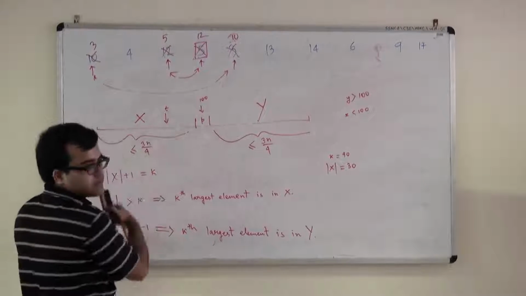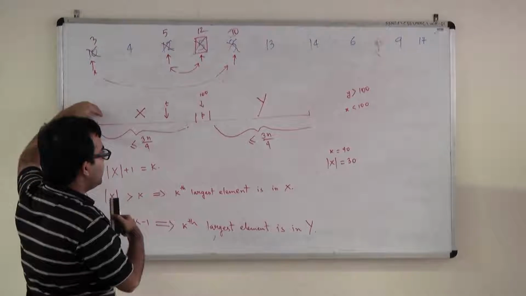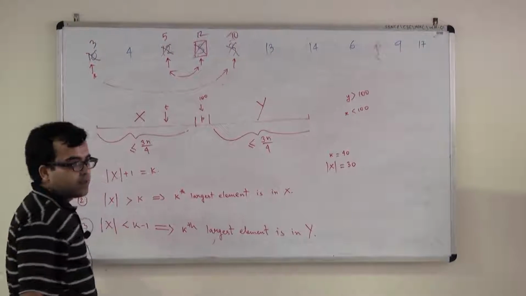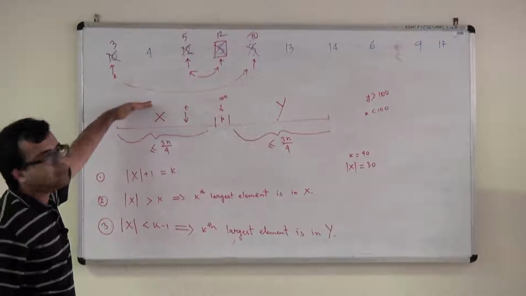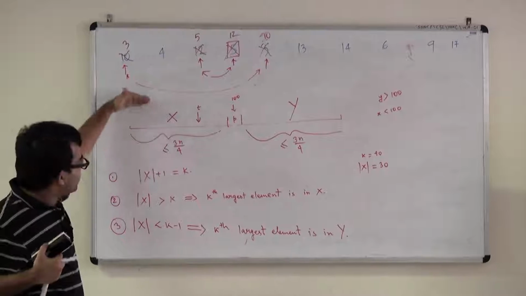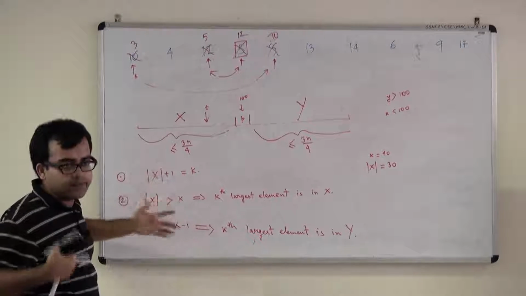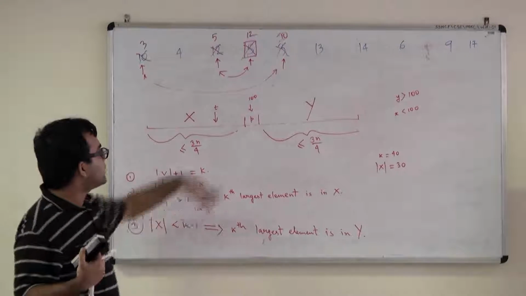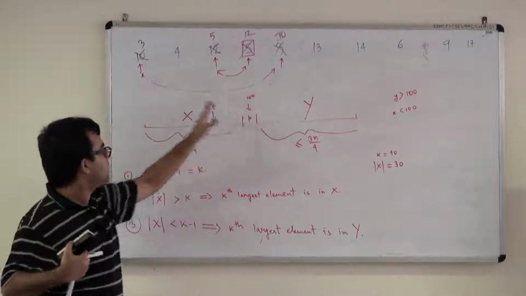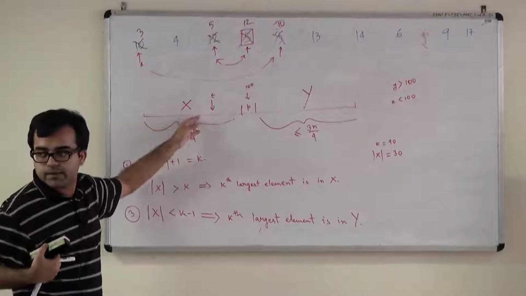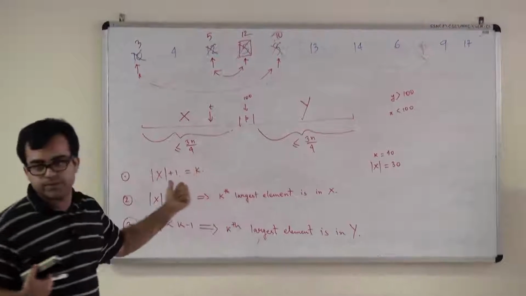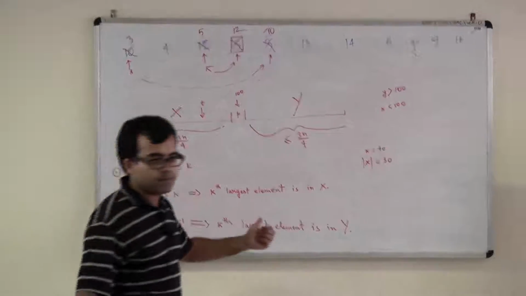In X the elements are less than P, in Y the elements are greater than P. Now you are just checking how many elements are in X. This also you can do in linear time, right? And just by looking at the number of elements in X, you can decide whether the pivot P is your kth largest element, or whether the kth largest element lies in X, or whether it lies in Y. And accordingly you will recurse.